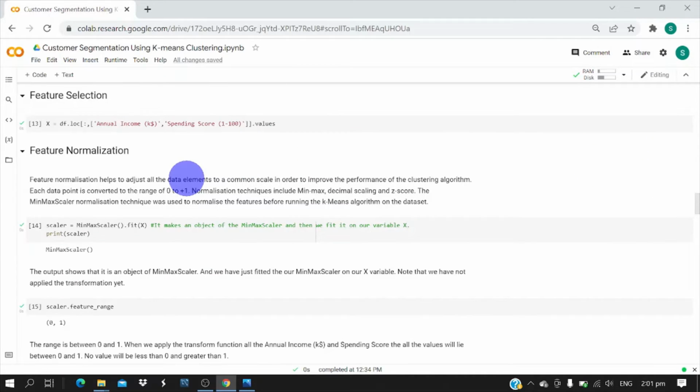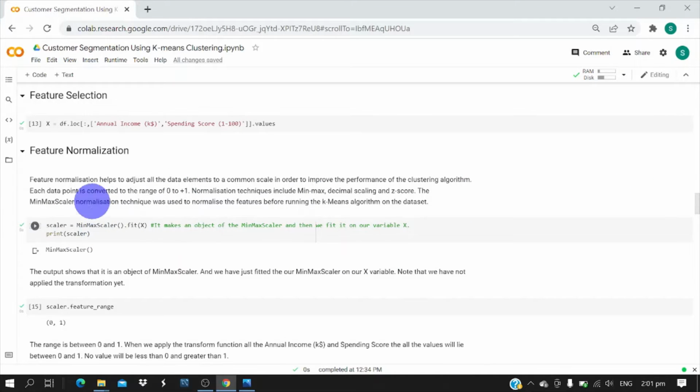The reason for doing this is because I want the data elements in the annual income and the spending score to have a common scale, in order to have improved performance of my clustering algorithm. The range of this scale is between 0 and 1.